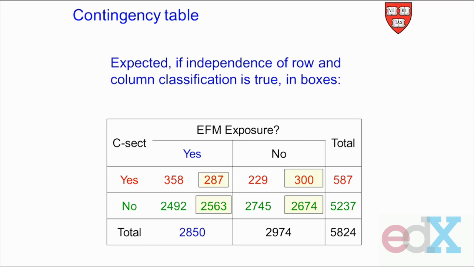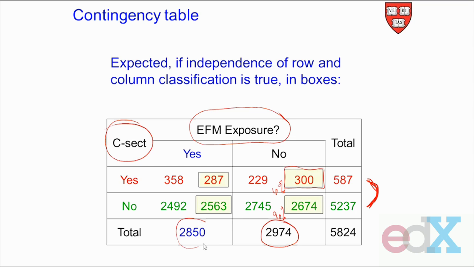So in the square boxes, this is what we'd expect to see if there's no relationship between EFM exposure and C-section. All it is is looking at this proportion, 587 to 5237, which is roughly 10%.